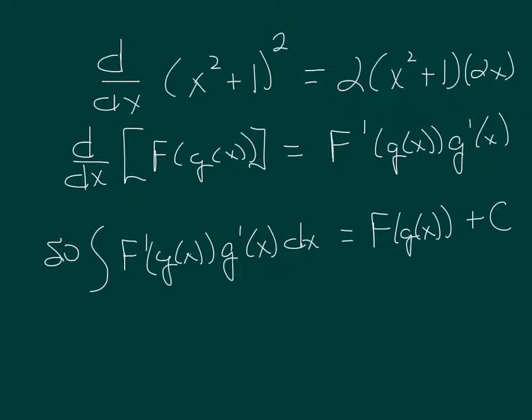There are times when we're going to use a change of variable, but we're not going to look at that right now. Let's just look at some examples. I think sometimes that's the easiest way for us to think about this.